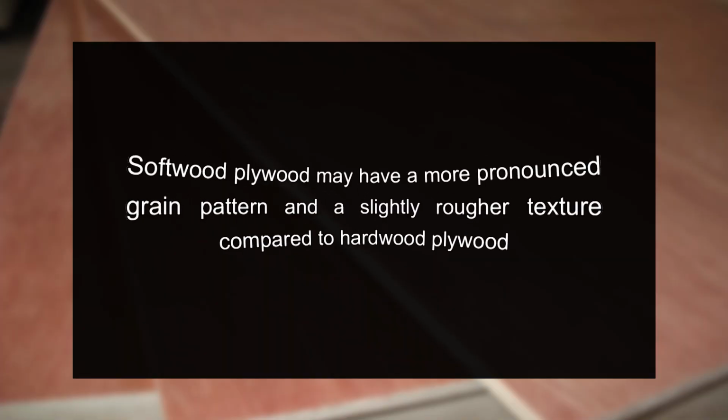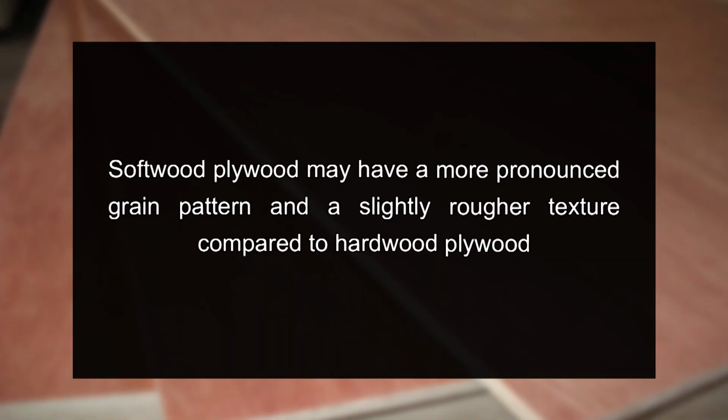However, it still offers good structural integrity and is often preferred for its lighter weight. Softwood plywood may have a more pronounced grain pattern and slightly rougher texture compared to hardwood plywood. It is commonly used in applications where appearance is of less concern or where a rustic look is desired.